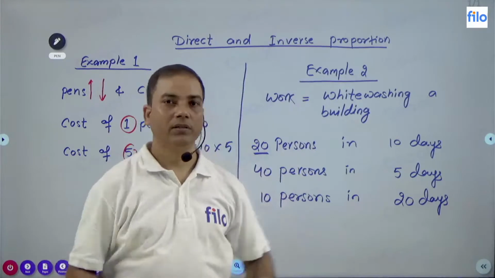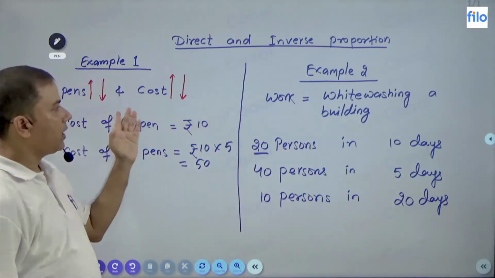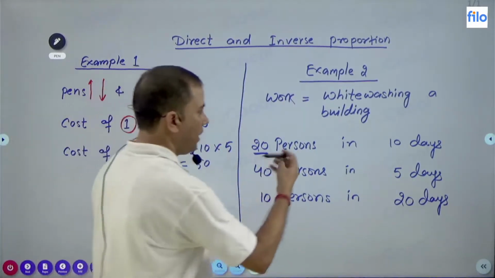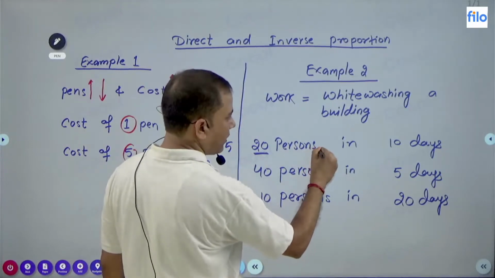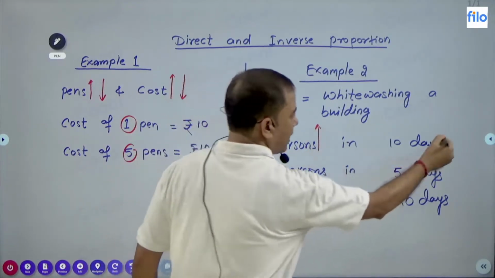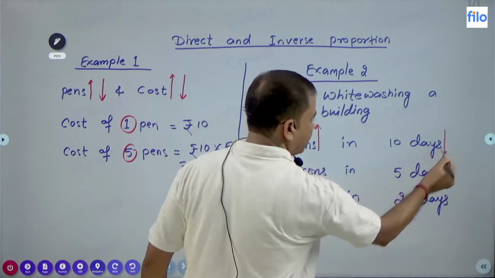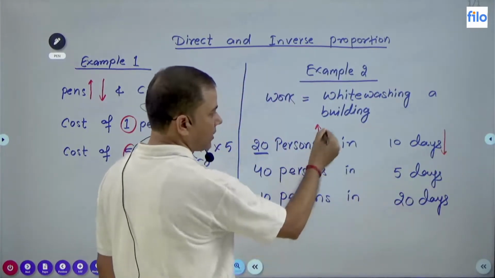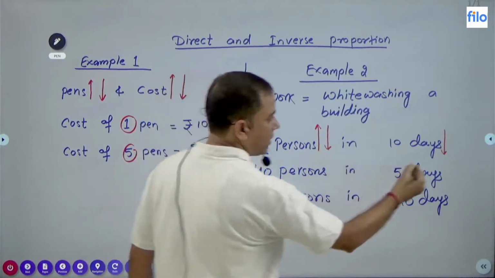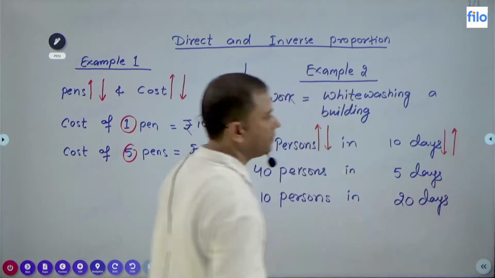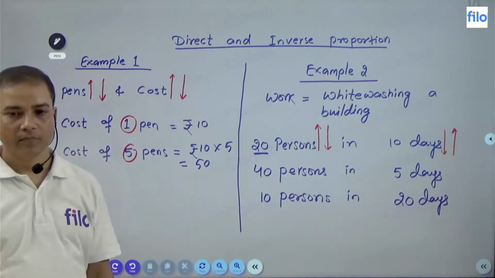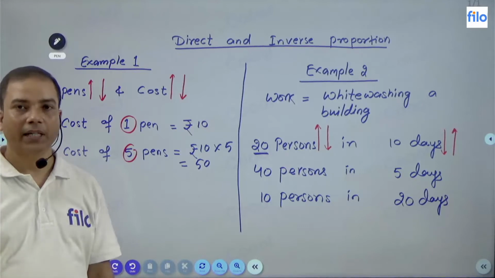Opposite direction. In this one, persons increase, days decrease. If persons decrease, days increase. I hope you are understanding this.